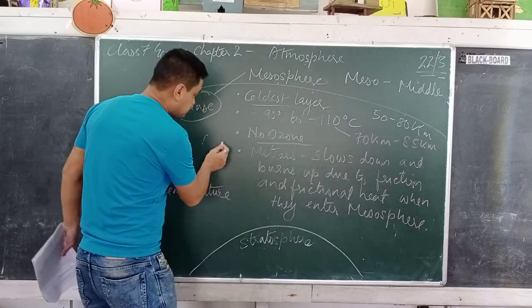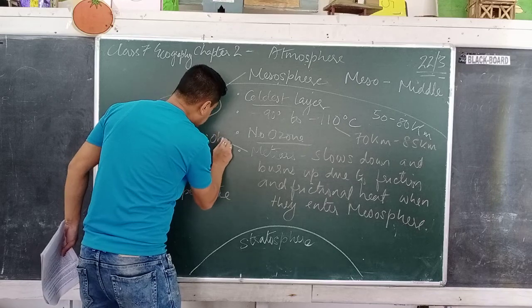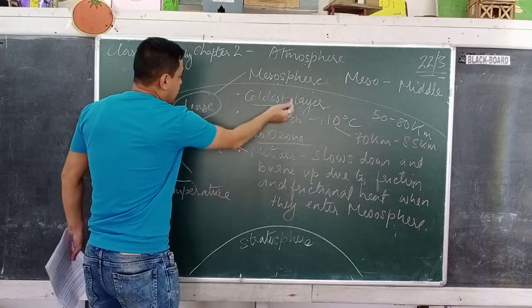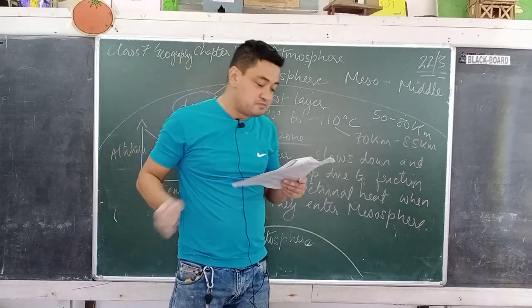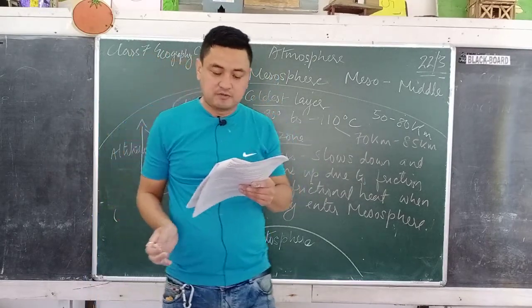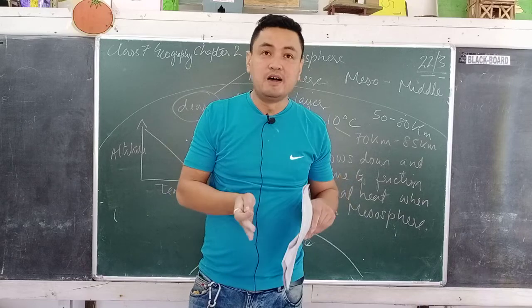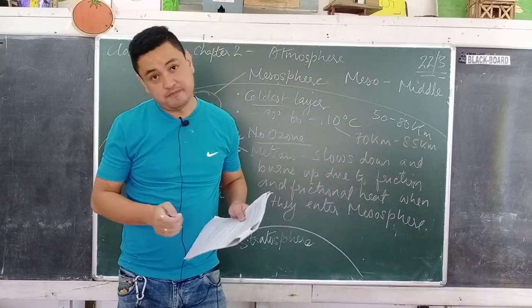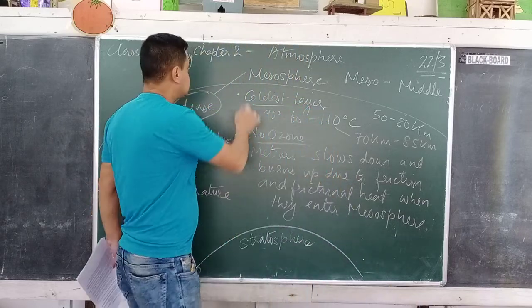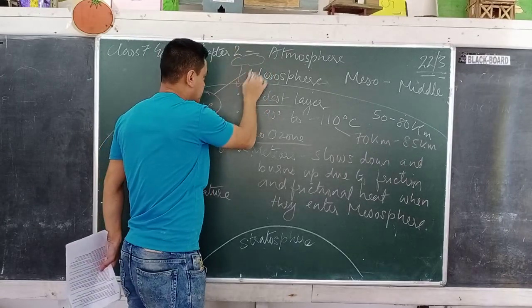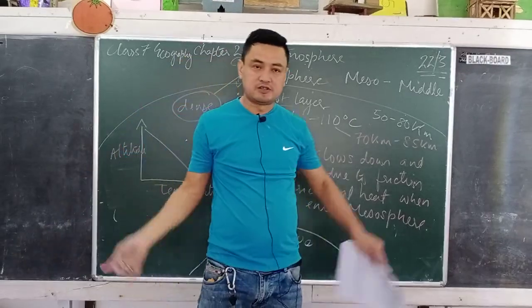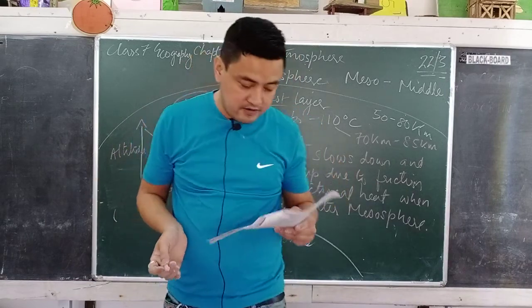The object is the meteor, and the air surrounding the mesosphere comes in contact with it and causes friction. Therefore, the meteor burns up in this layer. As the meteor or stone comes from outer space and enters the mesosphere, it starts burning because it comes in contact with the air molecules.